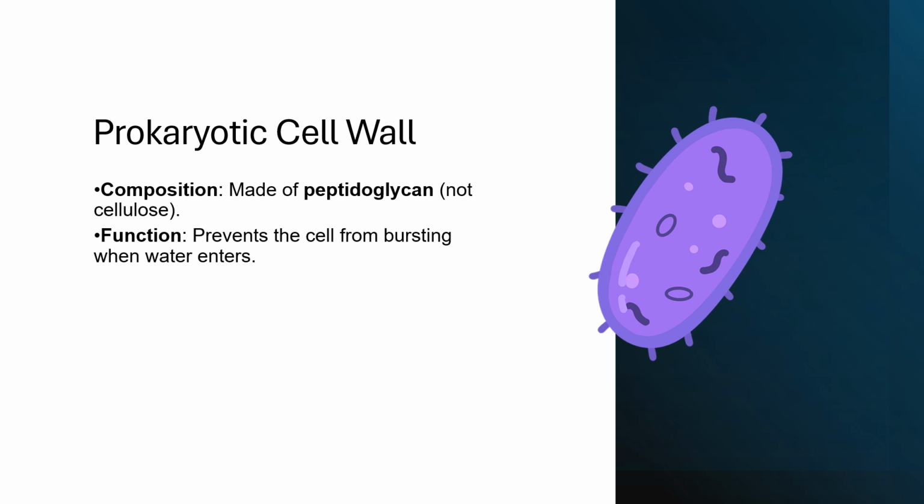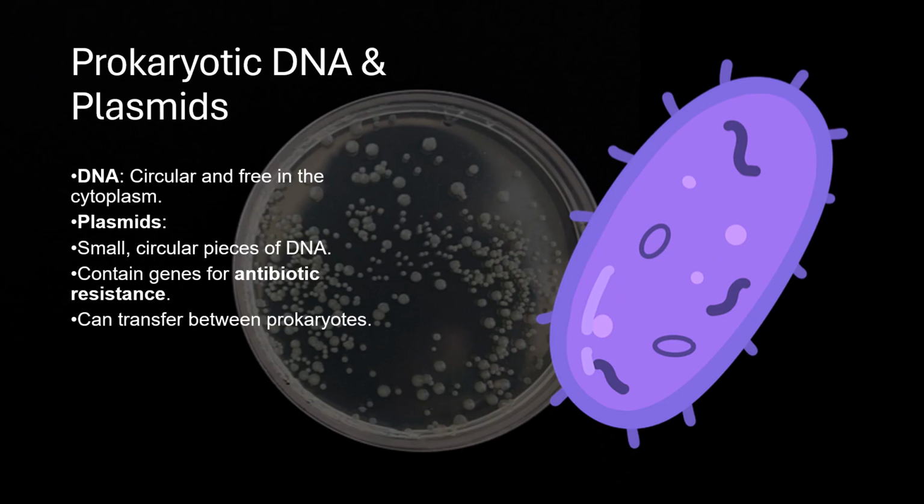Prokaryotic cells also have a cell wall, and it's made of peptidoglycan instead of cellulose. Its function is to prevent the cell from bursting when water enters it through osmotic pressure. So the DNA is circular, it's either a nucleoid or a plasmid.